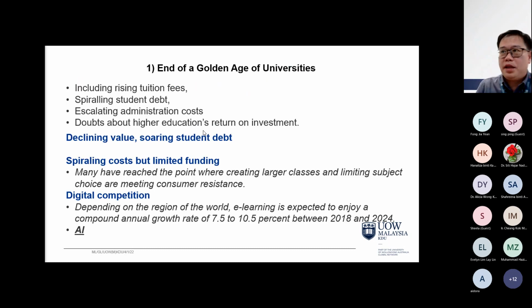So the first one, end of a golden age of universities. Universities, we used to be on this pinnacle. We always thought that we are the purveyors of knowledge. We are the one and the only and the final avenue for knowledge.